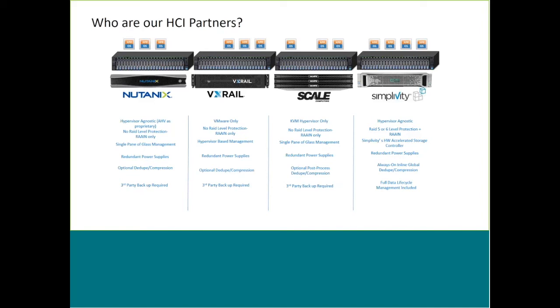So that's when we look at SimpliVity. From a data protection point of view, we're able to lose either 1 or 2 disks, depending on if we do RAID 5 or 6, and we're able to lose a node. Another flexibility that we have is when we are configuring these solutions.